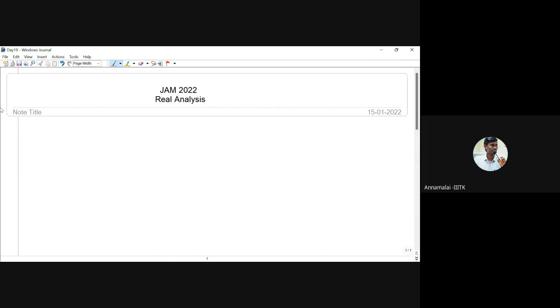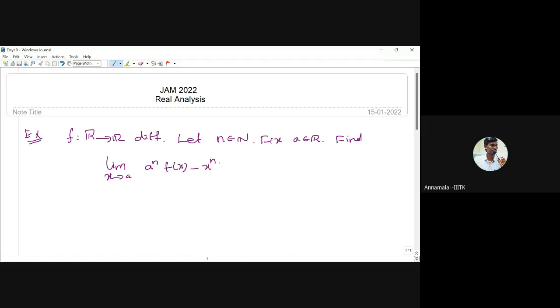Suppose f is a function from R to R, a differentiable function, and let n in N and fix a in R. Find the limit as x goes to a of (a^n f(x) - x^n f(a)) / (x - a).